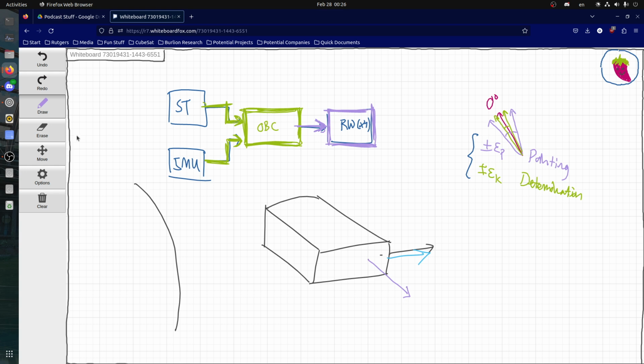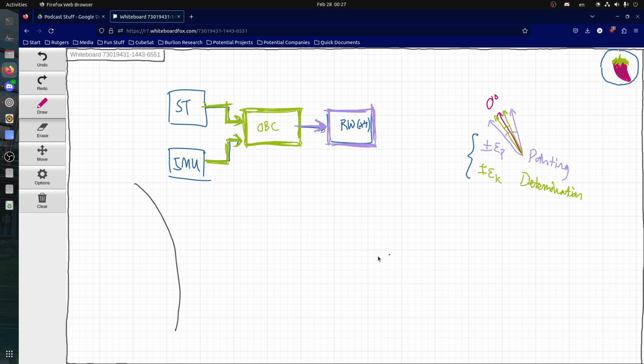That way, even if we're pointing our spacecraft straight at a ground station, at least the star tracker has access to space. Okay, I think I'm gonna bring this up with the structures team, because I think right now they're pointing in the same direction.